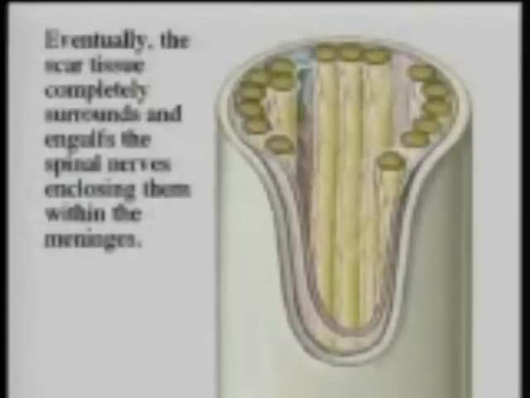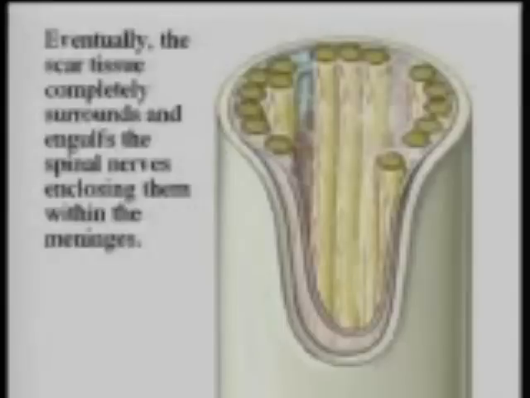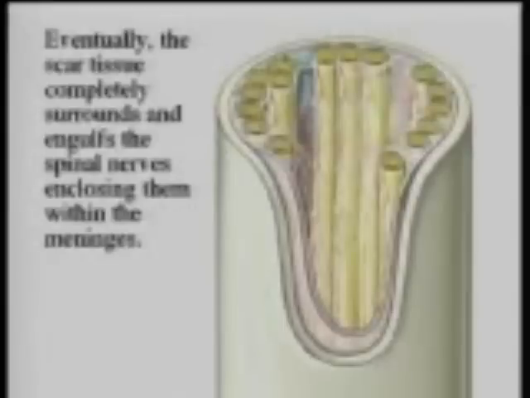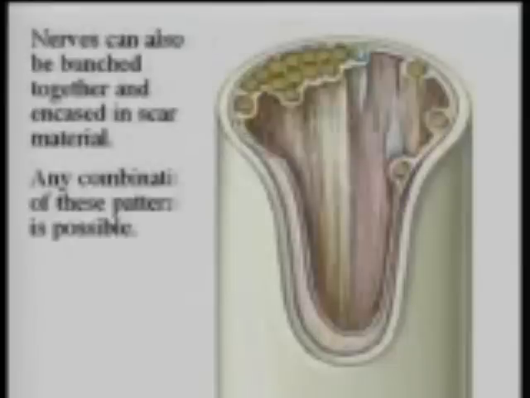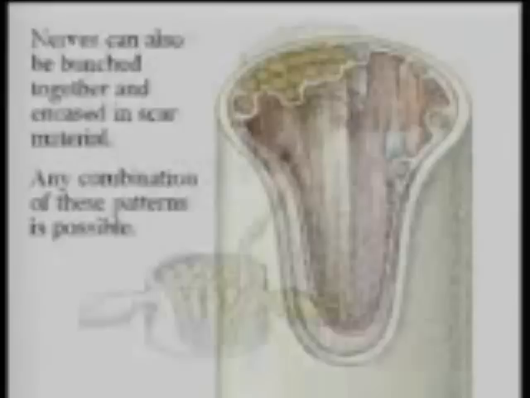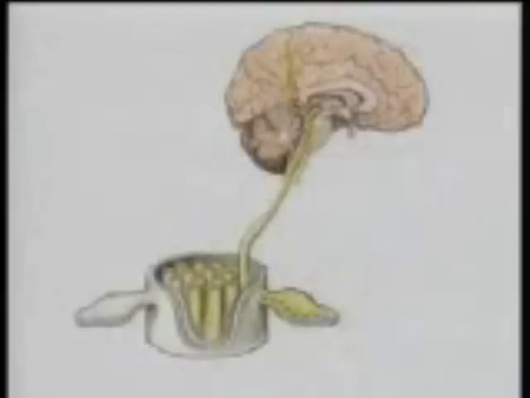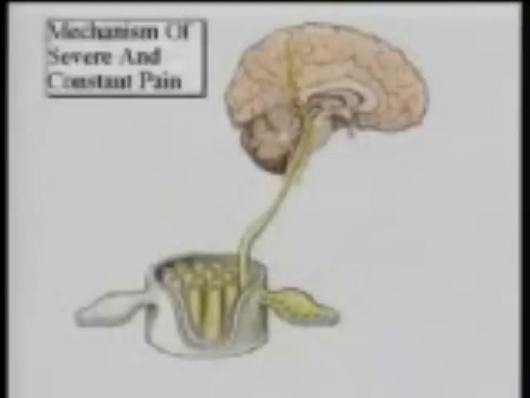As the scar tissue continues to be deposited, the nerves become more adherent to each other, and you will notice that they almost become part of the wall of the thecal sac. Various patterns of scar tissue can be formed. These can be appreciated on imaging studies, particularly MRI.